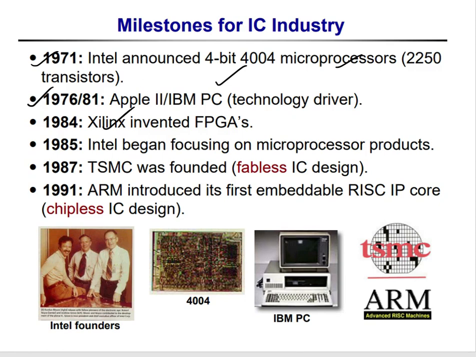Then Xilinx invented the first FPGA in 1984. Then in 1985, Intel started focusing on their microprocessor products. Then in 1987, the famous fabrication company TSMC was founded. Then 1991, ARM introduced its RISC IP core.